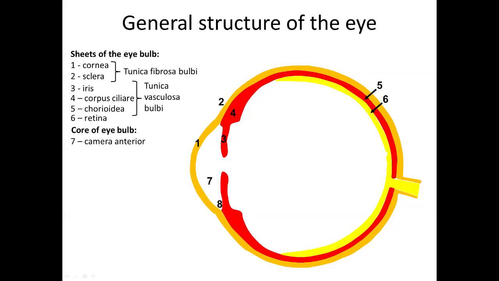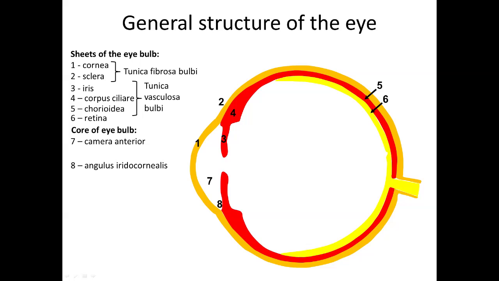And this fluid can pass through this number 8, angulus iridocornealis, the space between cornea and iris, which is in a special way strengthened by ligamenti pectinati.